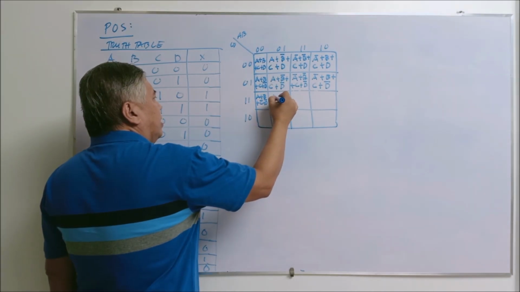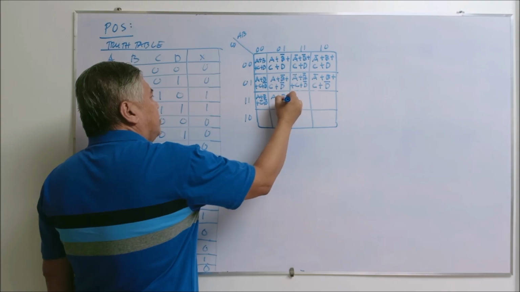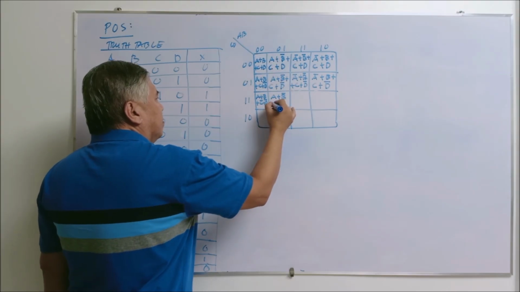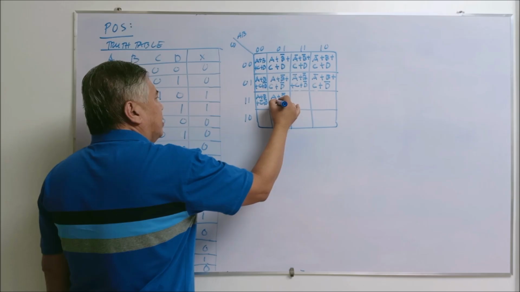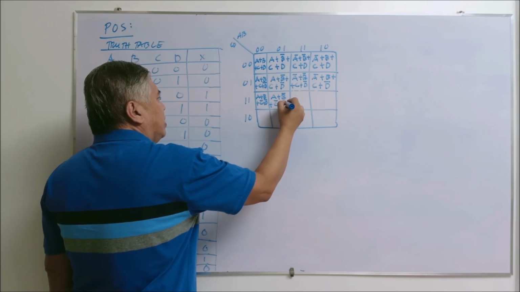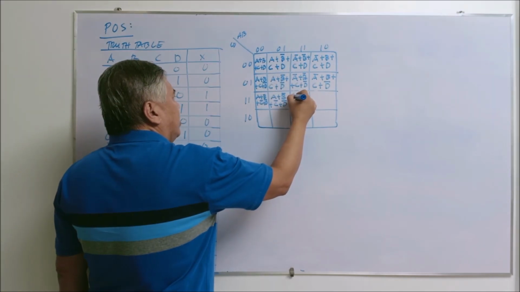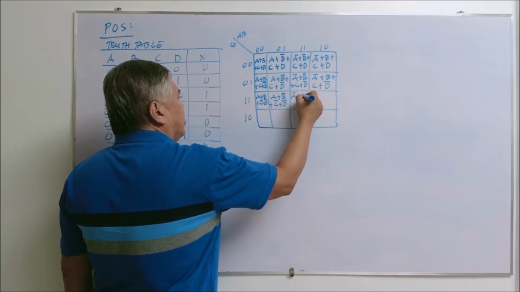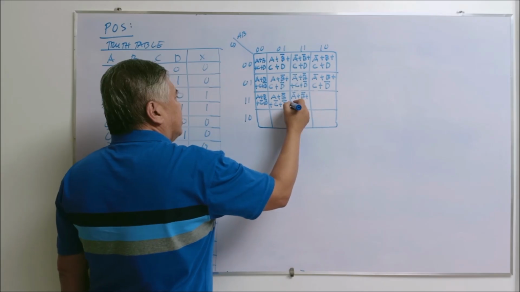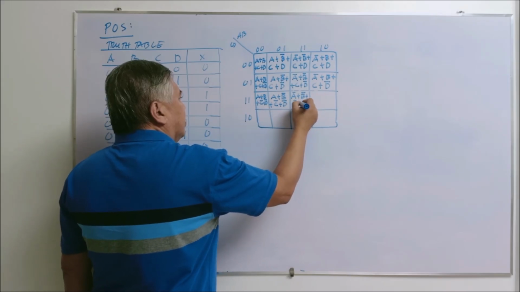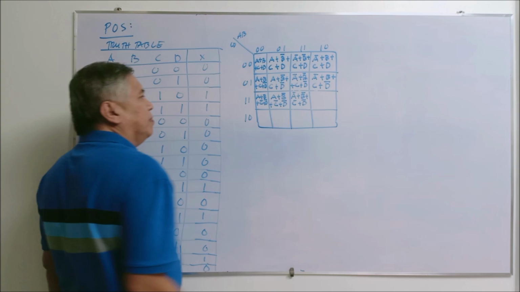Then A plus B complement plus C complement plus D complement. Then A complement plus B complement plus C complement plus D complement.